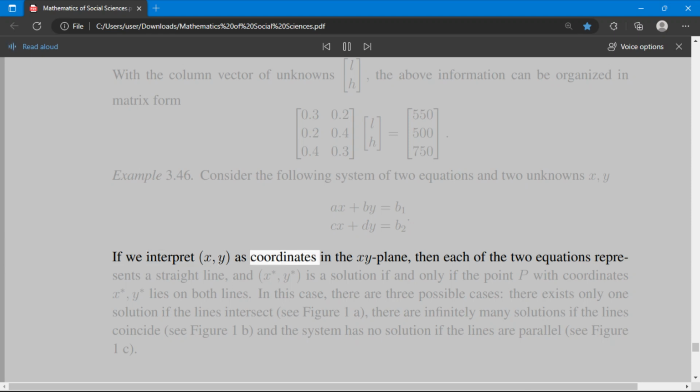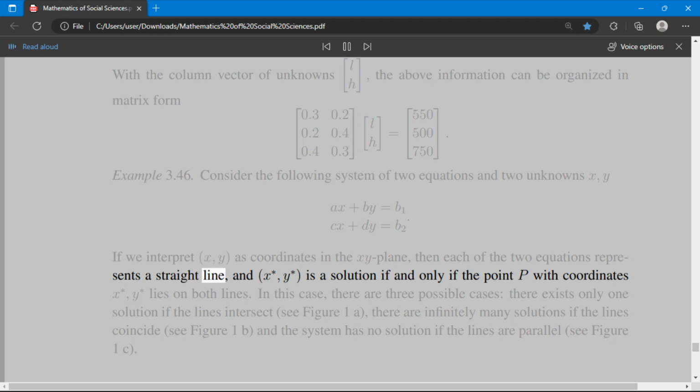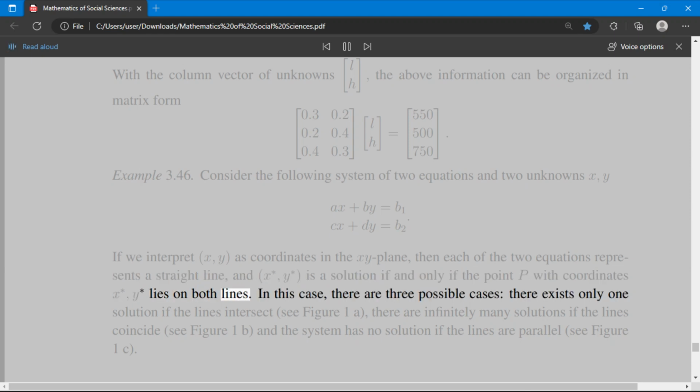If we interpret x, y as coordinates in the xy plane, then each of the two equations represents a straight line, and x, y is a solution if and only if the point P with coordinates x, y lies on both lines.